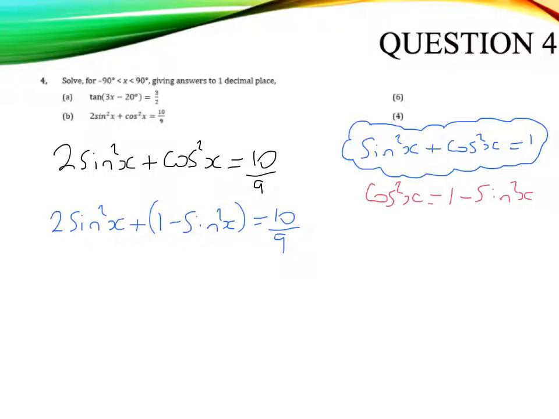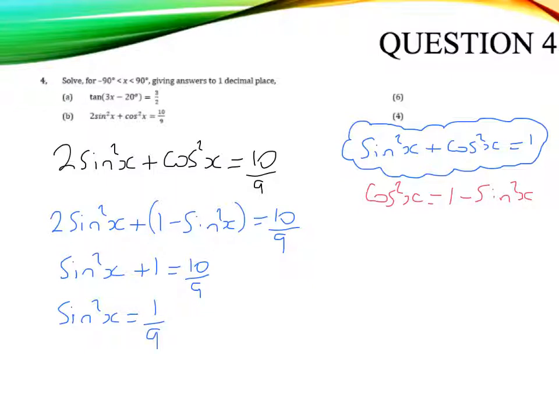Let's keep going. Get rid of my brackets. I've now got 2 sine squared x minus a sine squared x. So notice sine squared x plus 1 equals 10 over 9. It's starting to look tidier already. Let's take 1 away from both sides. Sine squared x equals 1/9.